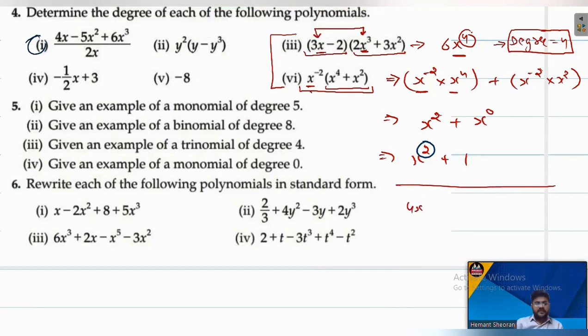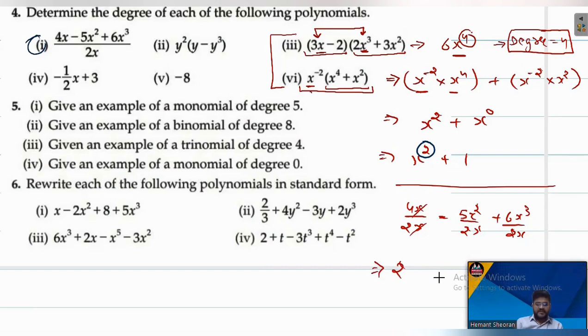So they are basically saying this 2x is in division with all the terms. So I can put them below each term. So minus 5x square over 2x and then plus 6x cube over 2x. Now we can cancel out if it is possible. So you can see x will cut out x on the 4x, and 2 and 4 will cut out each other. So you're just left with the 2.